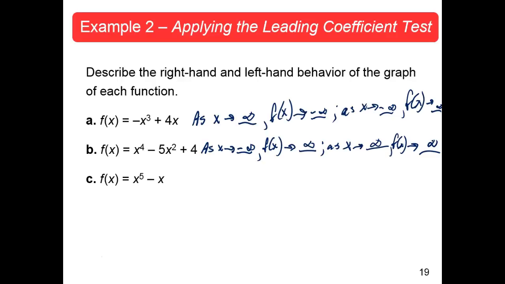Okay, how about this one? Same deal. As x goes to blank, f of x is going to blank, and as x goes to blank, f of x is going to some other or same blank.